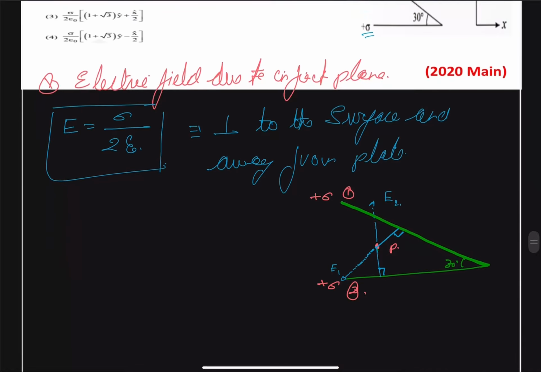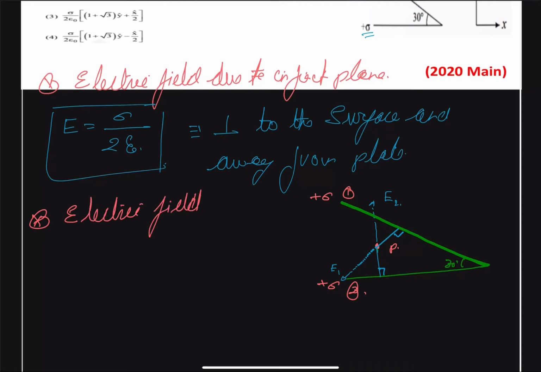So the electric field due to sheet 1 is at an angle, so we have to divide it into two components. For that we require the angle.